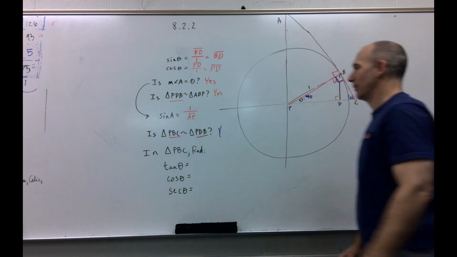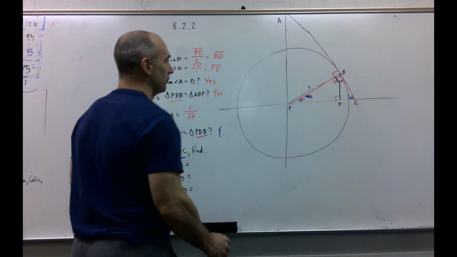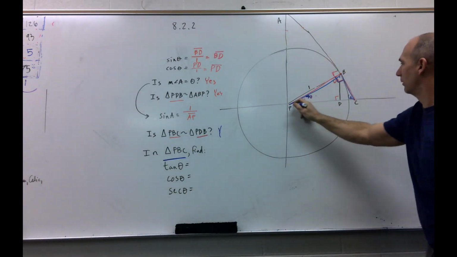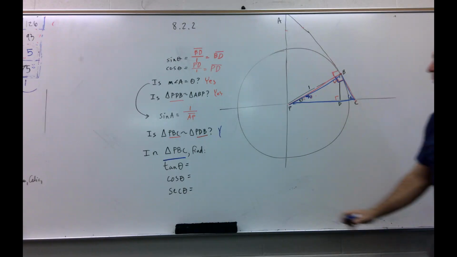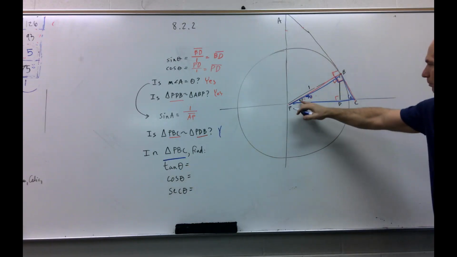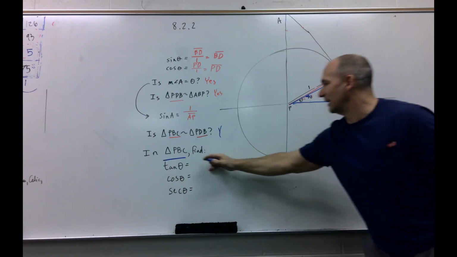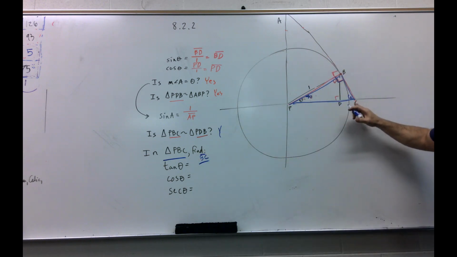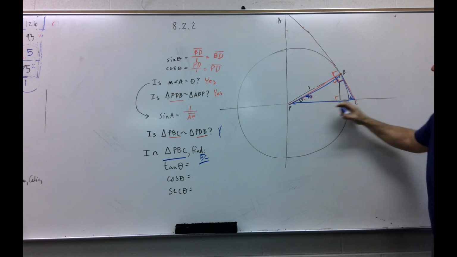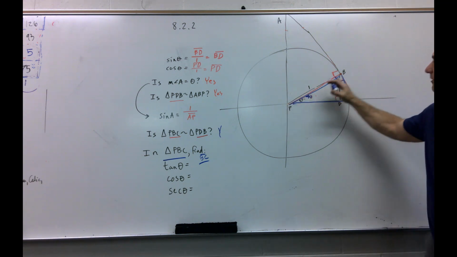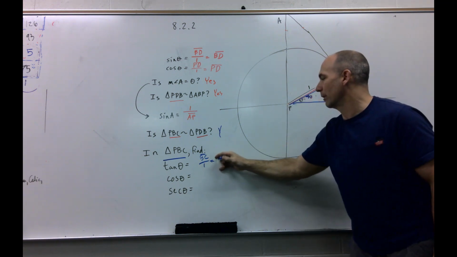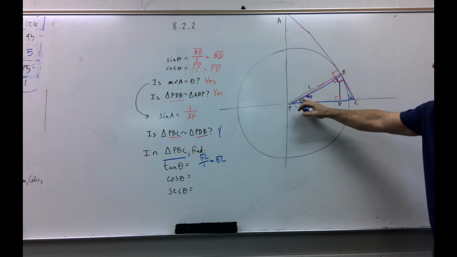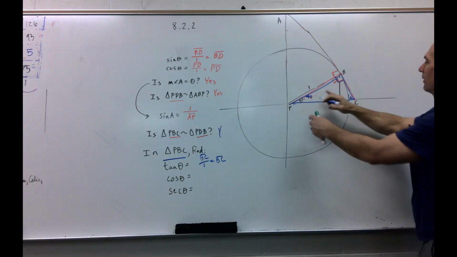All right, in triangle PBC. So that is concentrating on this triangle right here. What is tangent of theta? We'll have the opposite, BC, over adjacent, which if this is my hypotenuse, that makes this my adjacent side, so that'd be over 1, which is just BC. What's cosine of that? Well, cosine of that would be adjacent.